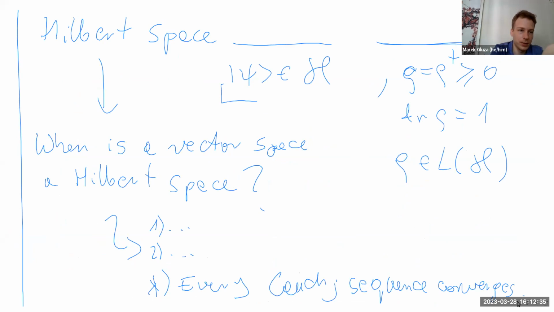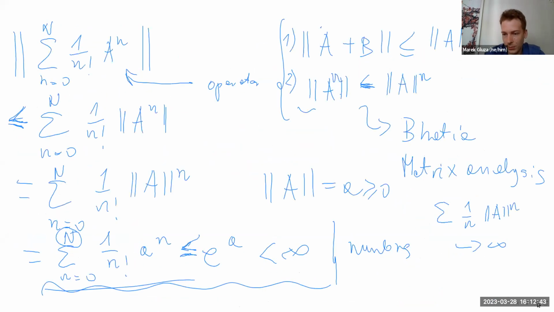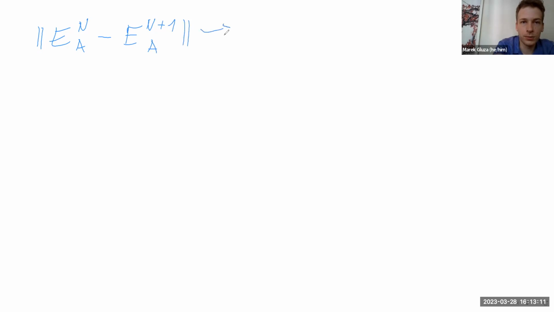Then I told you about this Hilbert space, and when a vector space is a Hilbert space, and there's this key property: every Cauchy sequence converges. So let me show you one case where I could look at this. What does it mean that if our operator vector space is a Hilbert space, and it is a Hilbert space because it's a finite vector space, then using that fact, E_n A and E_{n+1} A, this difference should go to 0.